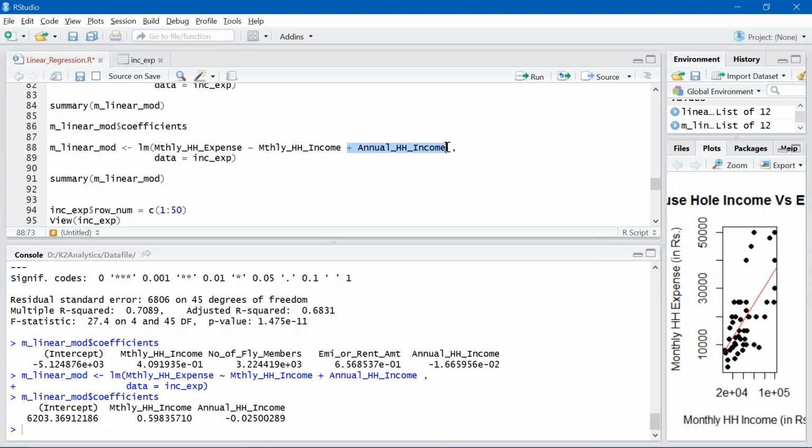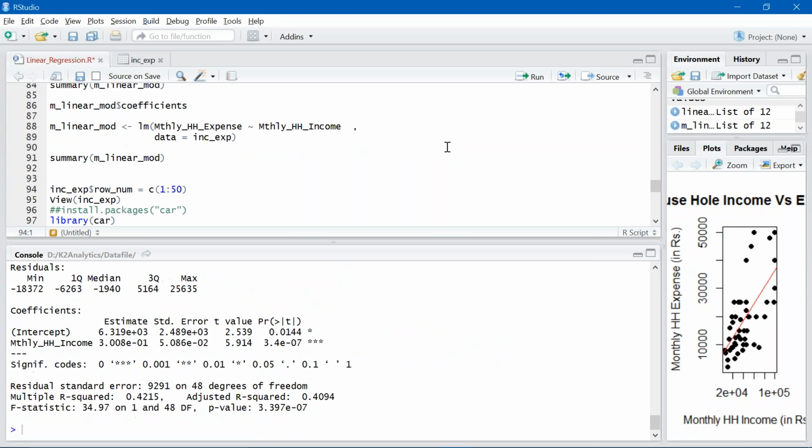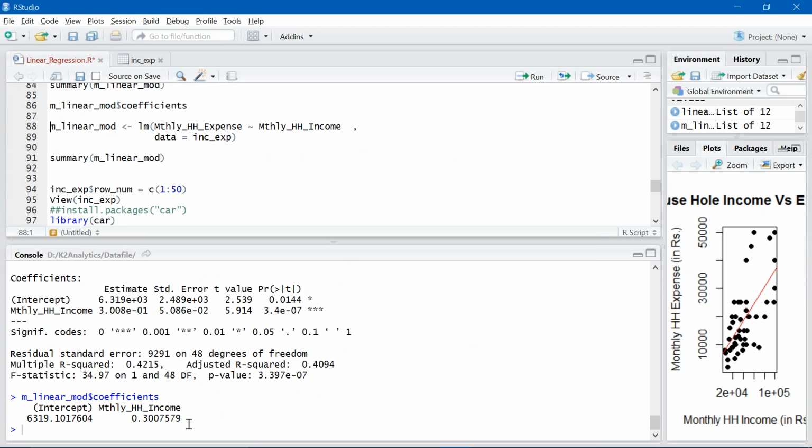I remove annual income and let me see this model. Sorry, I should just get the coefficient.